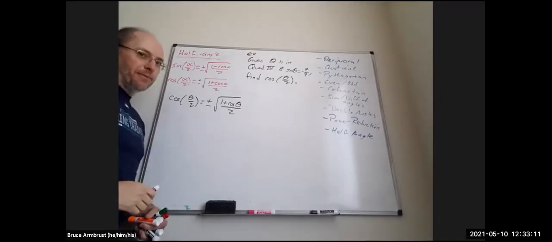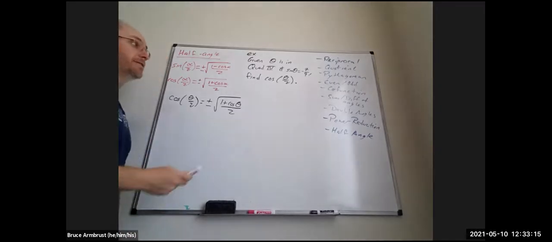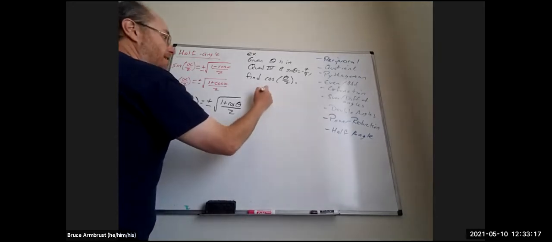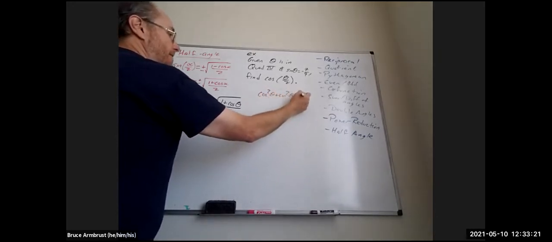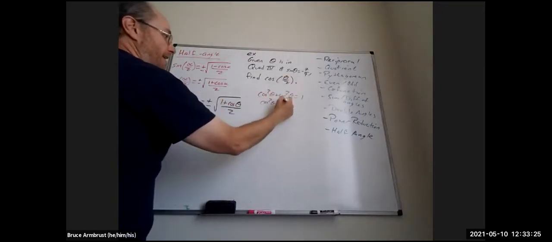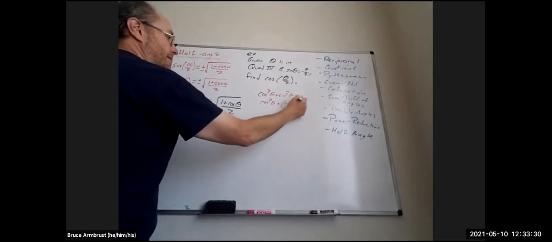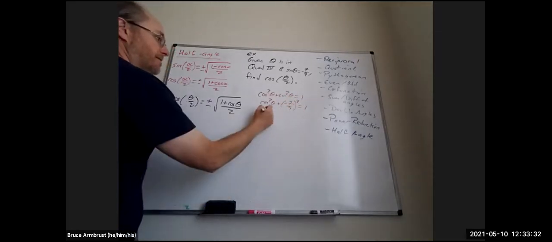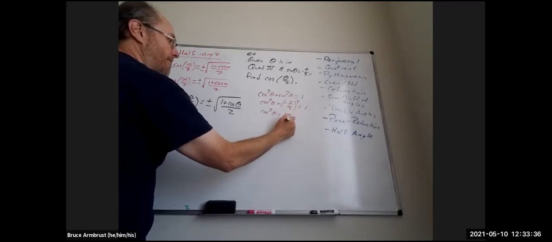But hopefully you remember that we can always do this. If you're given a trig value, you can find all the rest. So for example, if I want to find cosine, I'm going to use the Pythagorean identity. I know that the sine is equal to minus 7/9. So when I square that, I get 49/81.